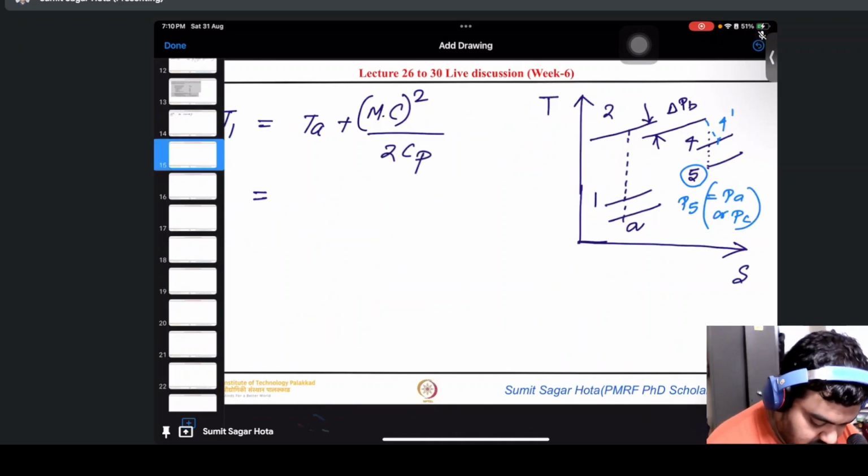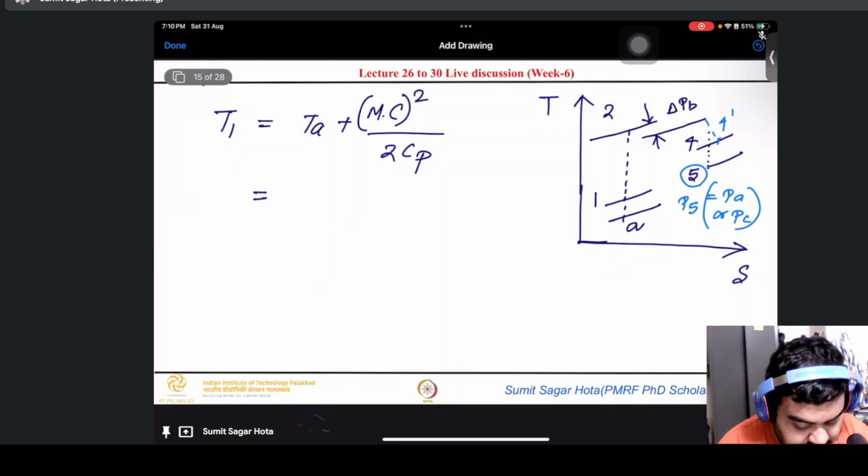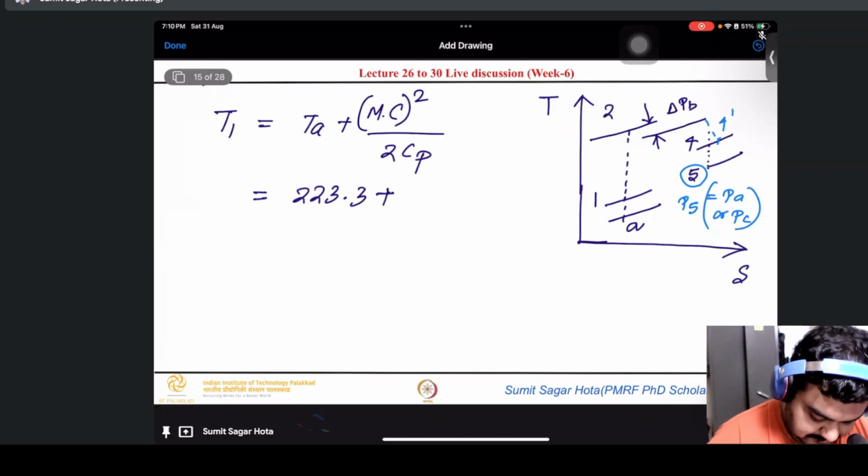So we just substitute all these values and find out T1. It is 223.3 plus 28.6. T1 is equal to 251.9 Kelvin.